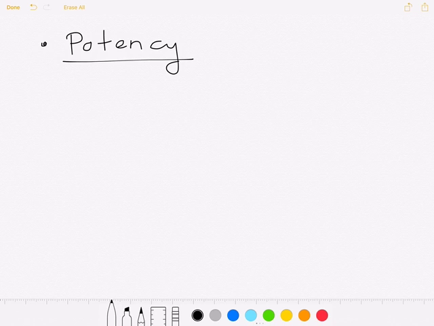How potent the drug is. I don't have to define what potency is in this lecture. You should know what potency is. With highly potent drugs, you need less dose. With less potent drugs, you need more dose to elicit the same clinical effect.